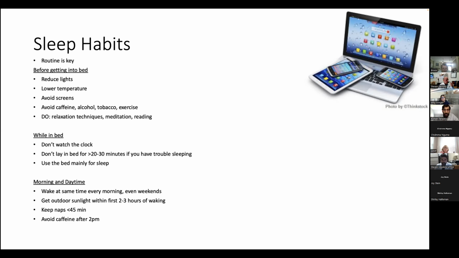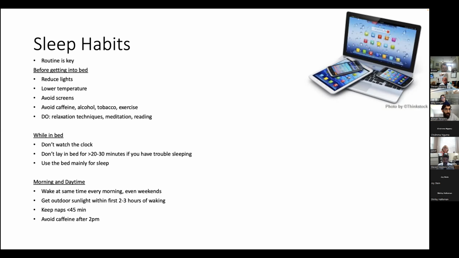I like to tell my patients that sleep is not like a light switch you can turn on and off. You have to set the conditions for good sleep by doing the right things during the day. So a routine is key. Before you get into bed, having a routine around your sleep and wake in your day is helpful for so many reasons, but for sleep in particular, it's really important.